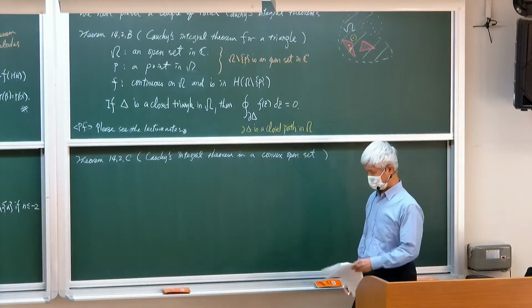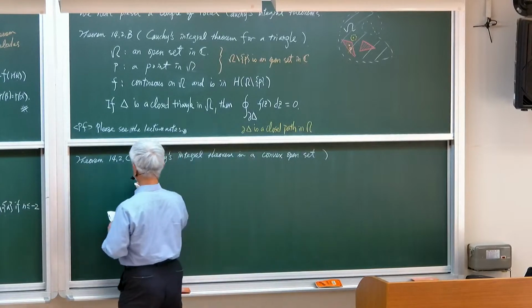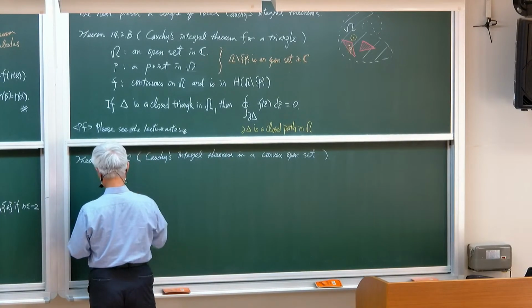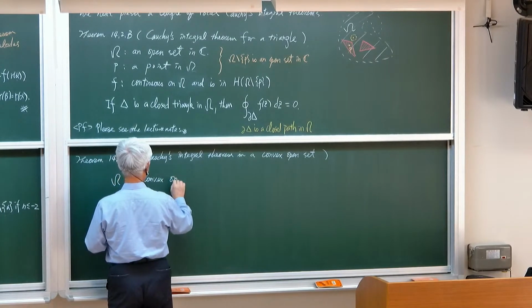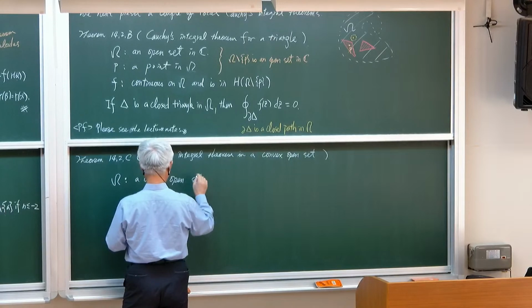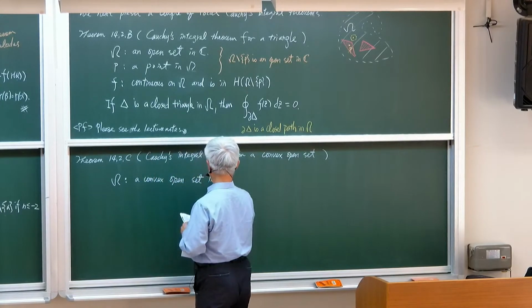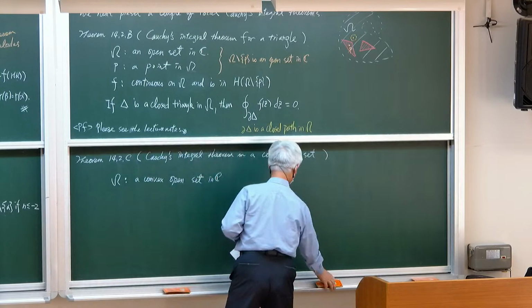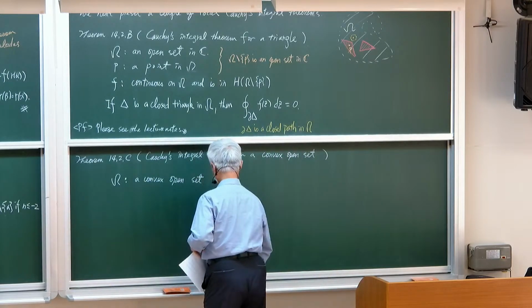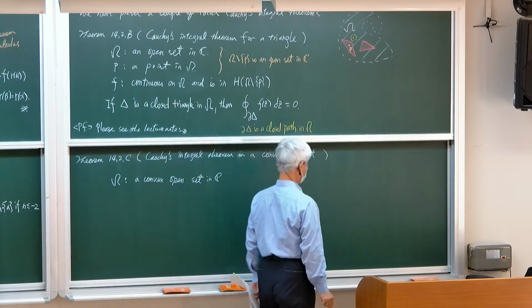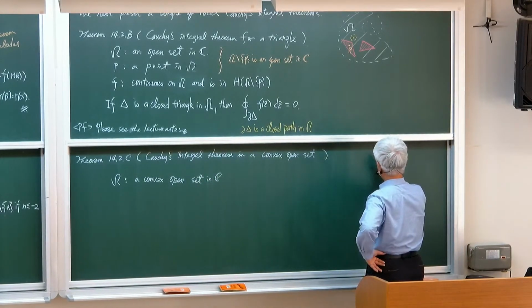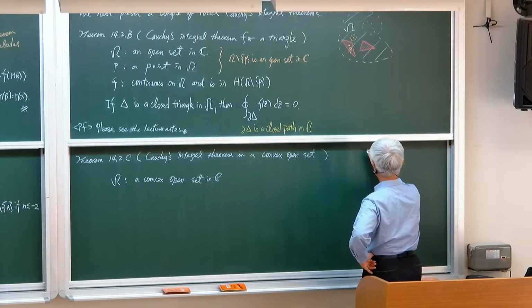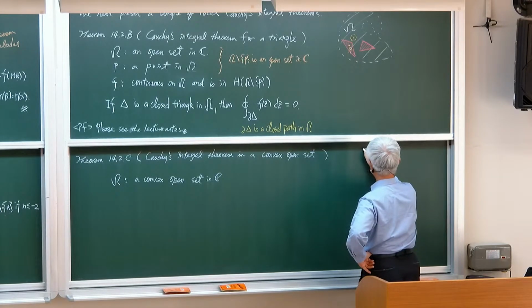So now omega is a convex open set in C. A convex open set is a convex set, as we know. So here I'll make a remark.